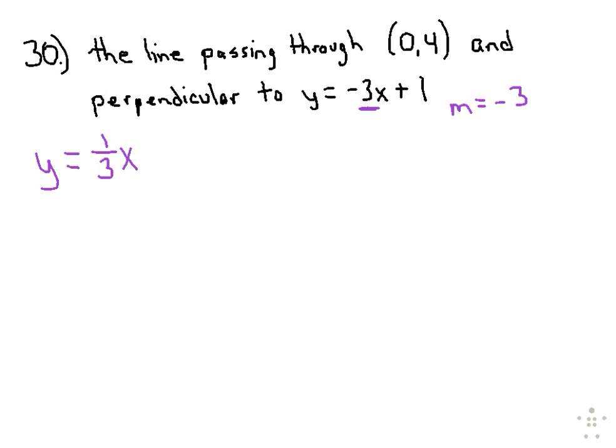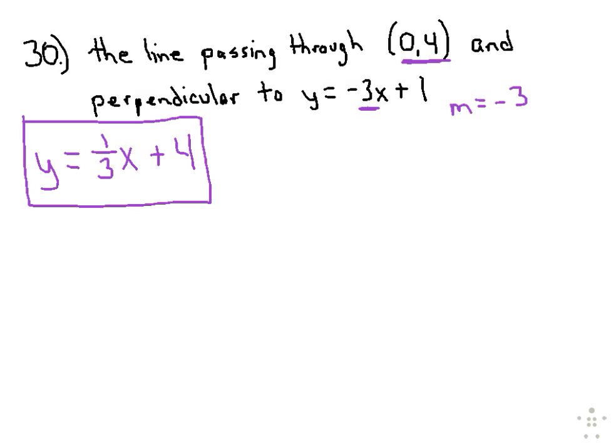Now, we can use the point-slope form because I know slope now, and I know a point, but I recognize that this point is a special point because it tells me what the y-intercept is. Since the x value is 0, then it crosses the y-axis at 4. So this is just simply y equals 1/3 x plus 4. Sometimes you can save yourself some time by just recognizing what's in the problem.